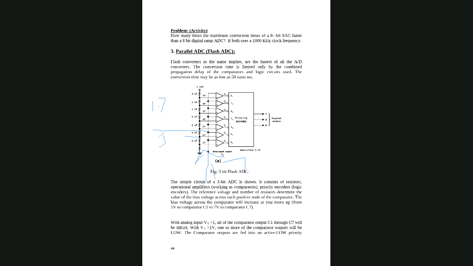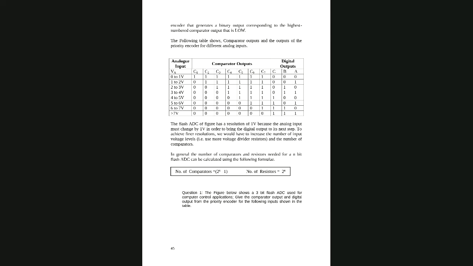Positive is 2 volt, right? So this positive is 2, negative is 1.7, so the output here will be how much? 1. Clear? So therefore you see here this one is 1.